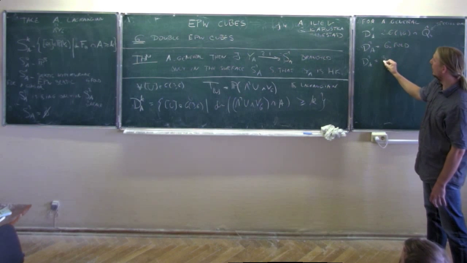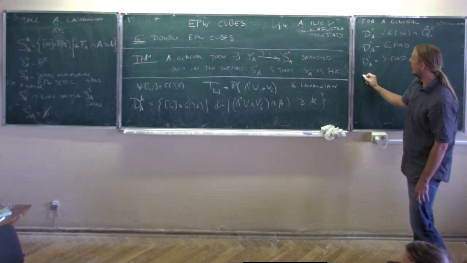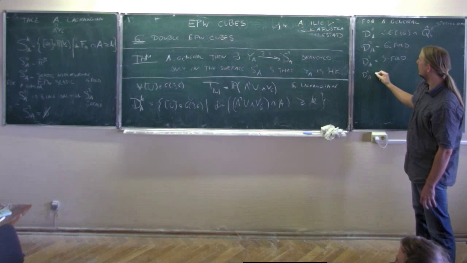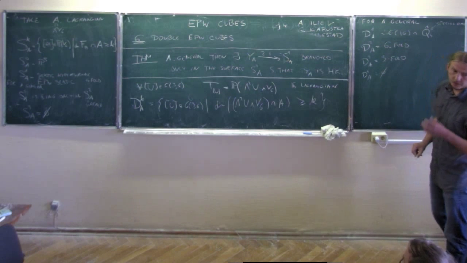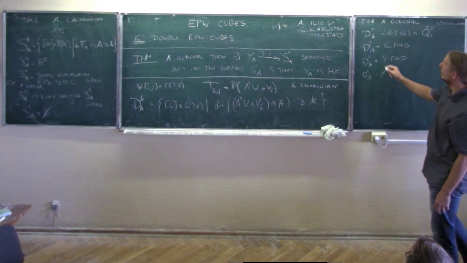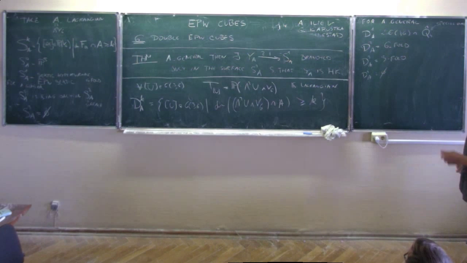It's a threefold. And D4A should be codimension 4 in this threefold, so it's empty in general. That's of course something that we need to prove that this happens. This is the expected codimension for the degeneracy locus.